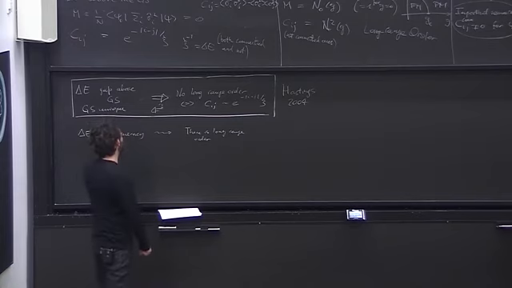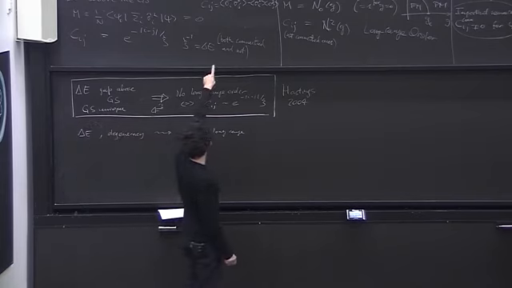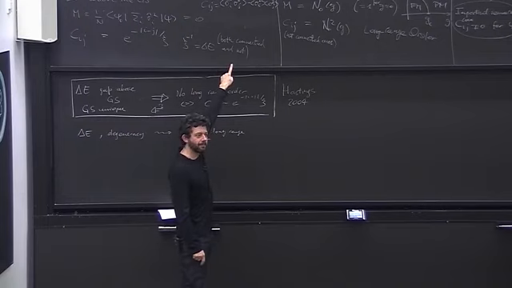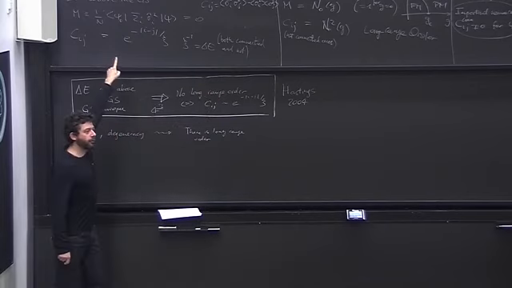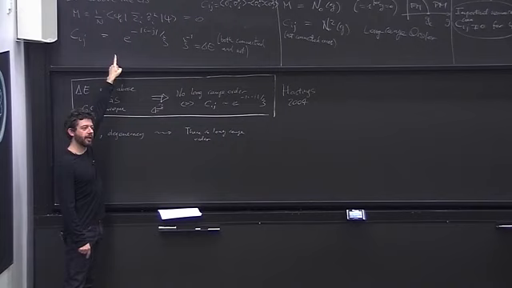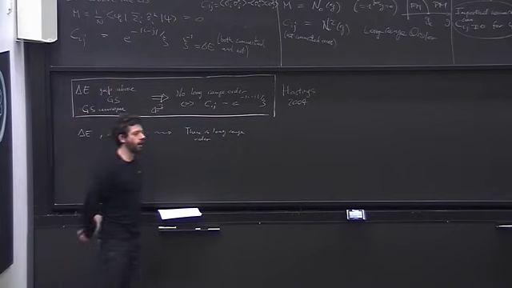And the reason is that, you see, the correlation functions are defined in terms of sigma z here. And what is sigma z? Sigma z is the operator that spontaneously takes a non-vanishing value. And as you can see, it's a local operator.